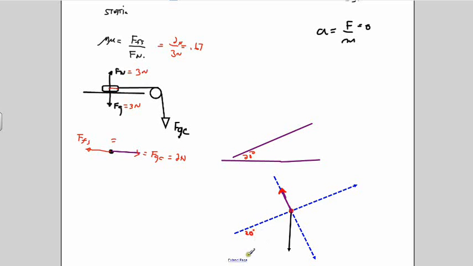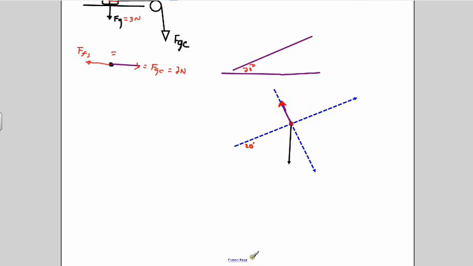And I told you that our job was to find a hidden triangle. And since we know that the force weight is the longest vector on this triangle, I told you that this was going to be where the 20 degrees ended up. I said there were two ways to do it.